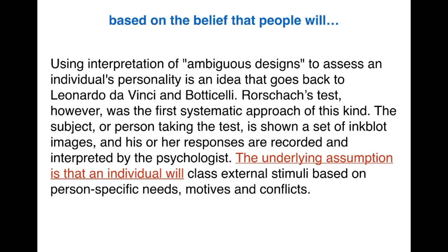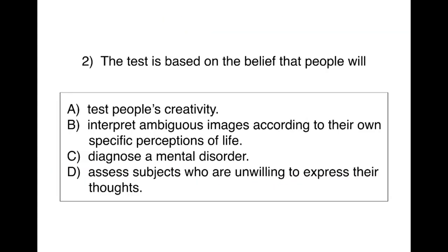What belief? It's based on the underlying assumption that an individual will class external stimuli based on person-specific needs, motives and conflicts. So this part that I've highlighted in blue is where the answer is. Class external stimuli based on person-specific needs, motives and conflicts. Let's look at the sentence endings.